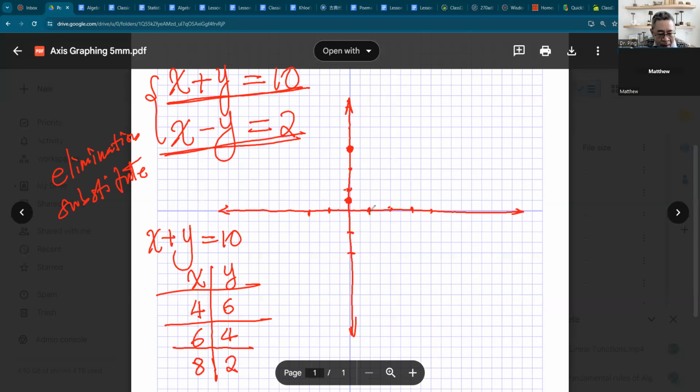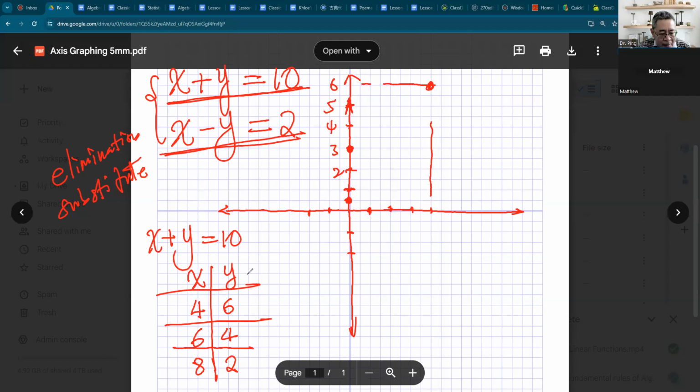So we got 4, 6, 1, 2, 3, 4. We got this line here. 6, 1, 2, 3, 4, 5, 6 will be right here, right?